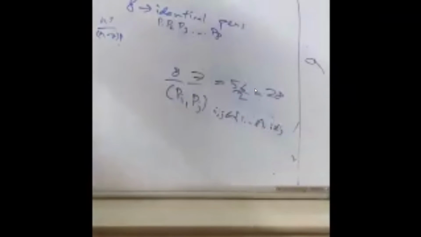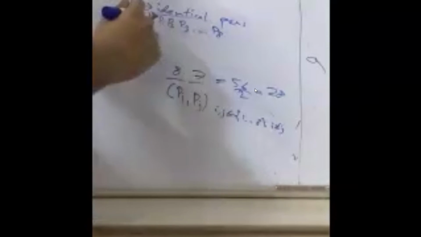Is it clear? Please explain this once again, please. Okay, so which part could you not understand? Okay. So what we were doing during permutations is we were selecting 8 pens from here and then 7 pens from here.